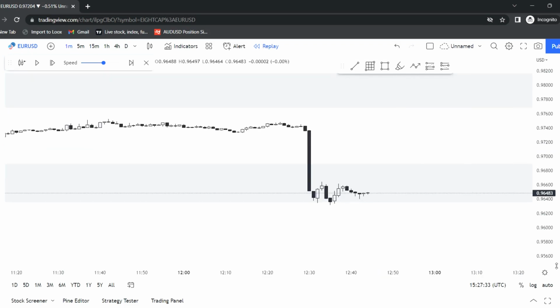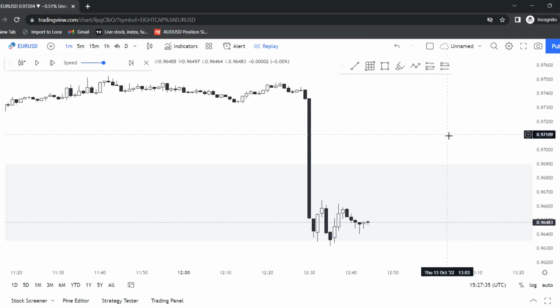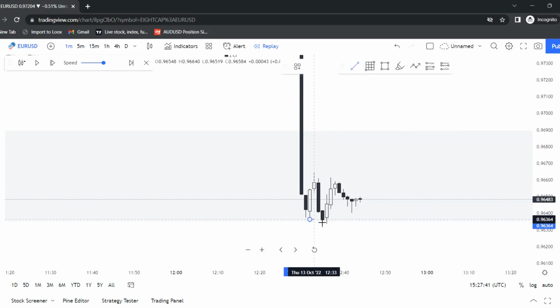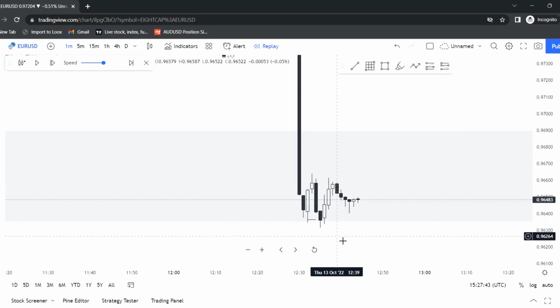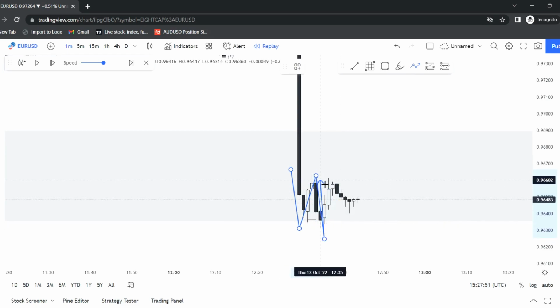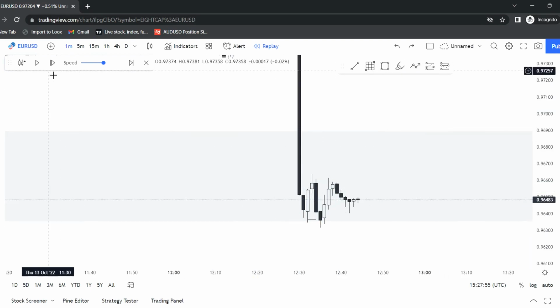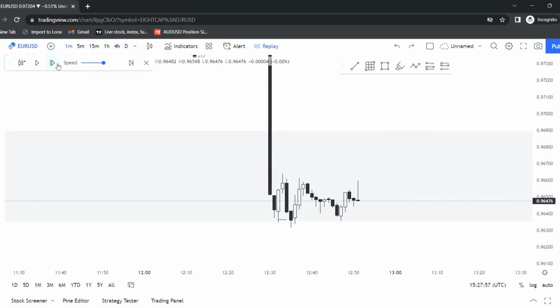So right over here we can see that price has swept these lows as well, and came down over here, went back up, swept these lows, and might break these highs soon. I don't know that yet, so I'm just going to play it out a little further.